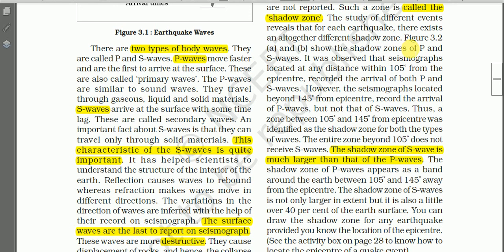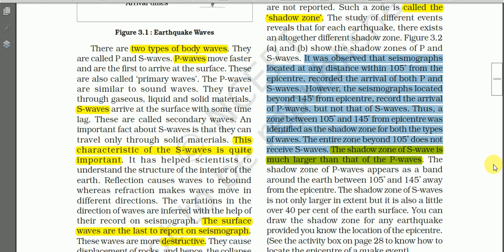So when we observe this figure number 3.2, A and B, it was observed that seismographs located at any distance within 105 degrees from the epicenter recorded the arrival of both P and S waves.